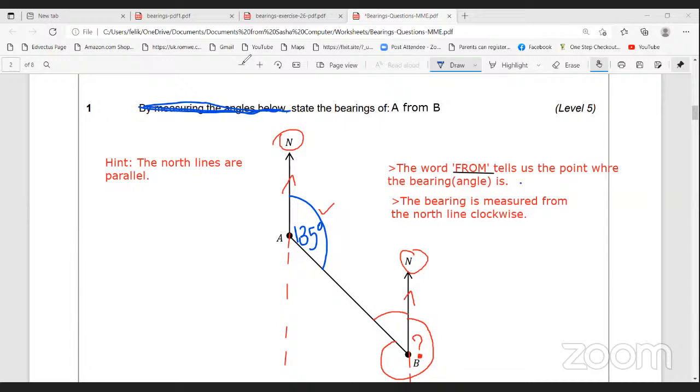Co-interior, all right? Remember that corresponding would be that they are on the same side, at the same position, like if they are both downtown.